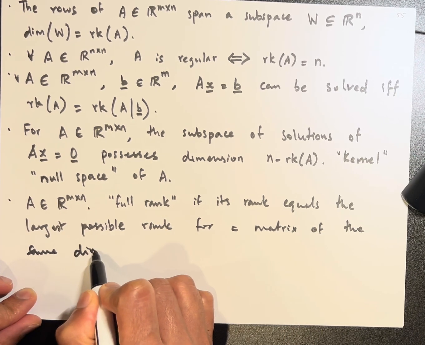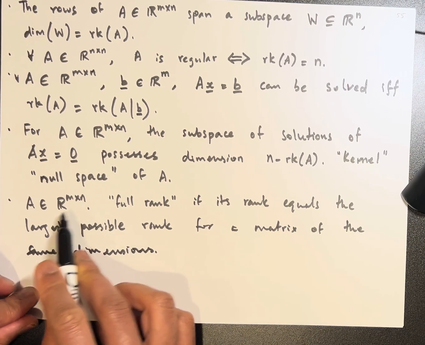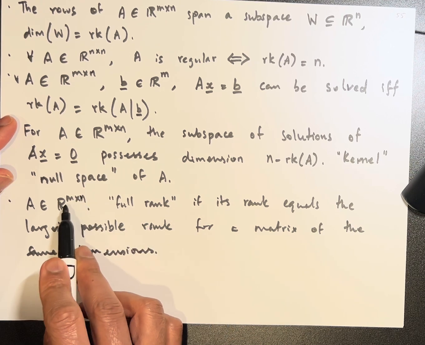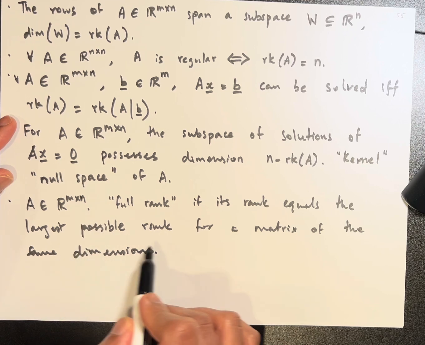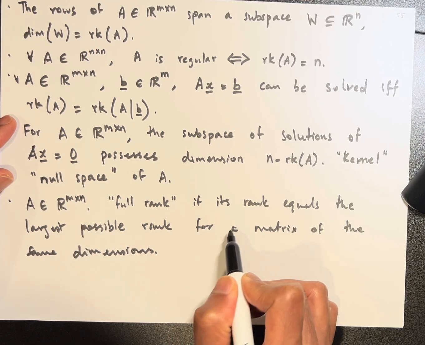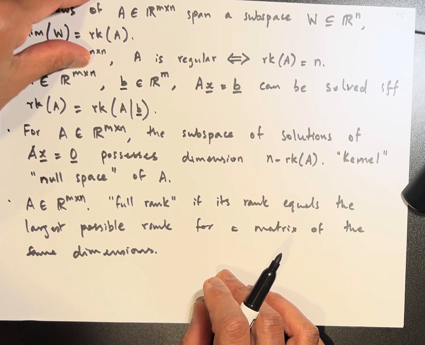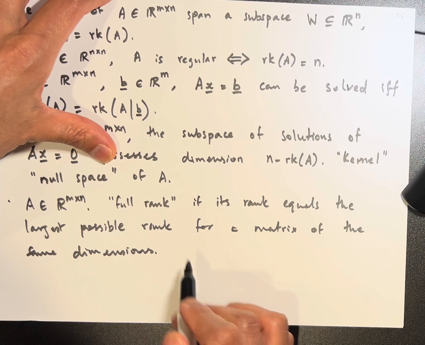So what does this mean? Let's say m is less than n, then obviously the rank cannot be more than m. Whichever is smaller, the rank cannot be greater than that. So that's why they are writing it like this. The rank is going to be the lesser of the number of rows and columns.